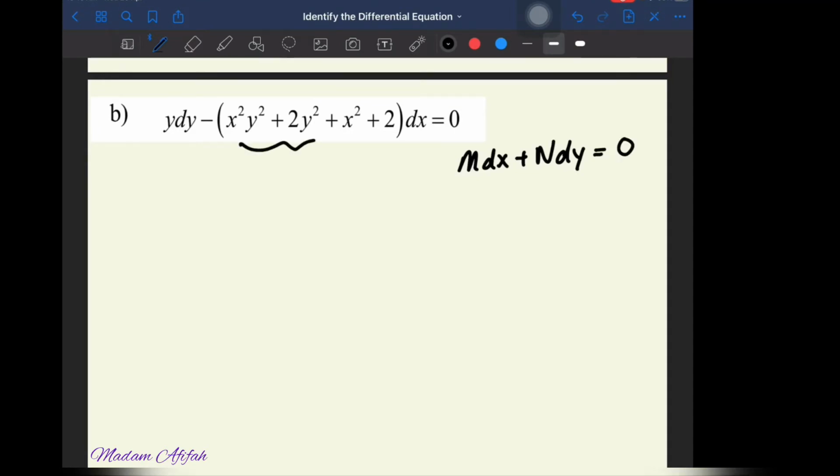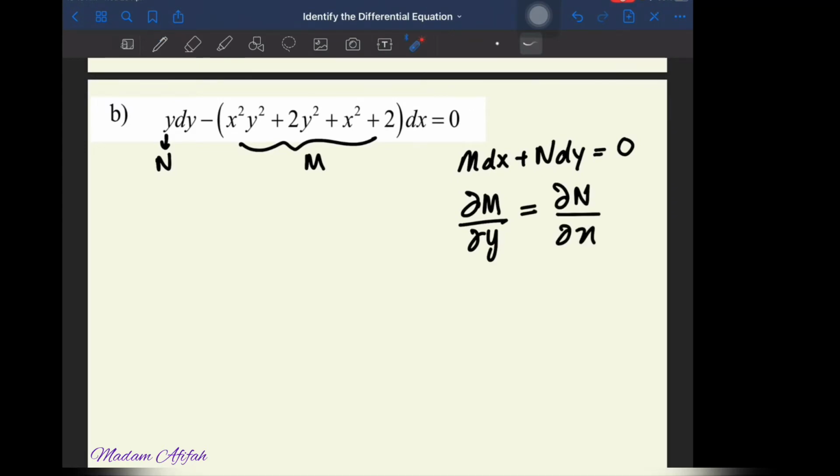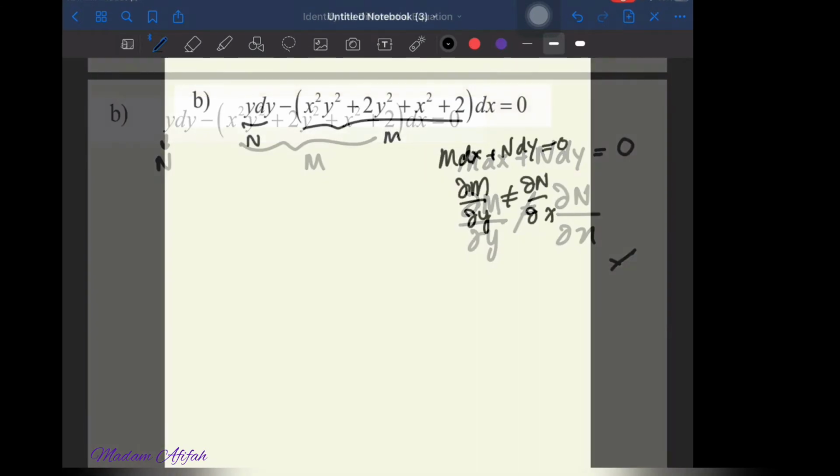This is your M and this is your N. To test whether the differential equation is exact or not, you have to test whether del M over del y equals del N over del x. So when you test for your M, you differentiate with respect to y, and for your N, you differentiate with respect to x. It is shown that del M over del y is not equal to del N over del x. Therefore, it is not an exact equation.